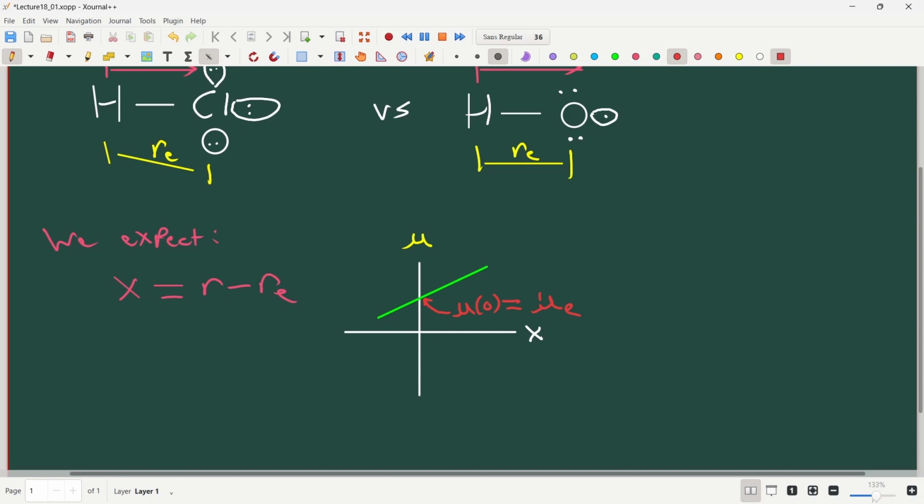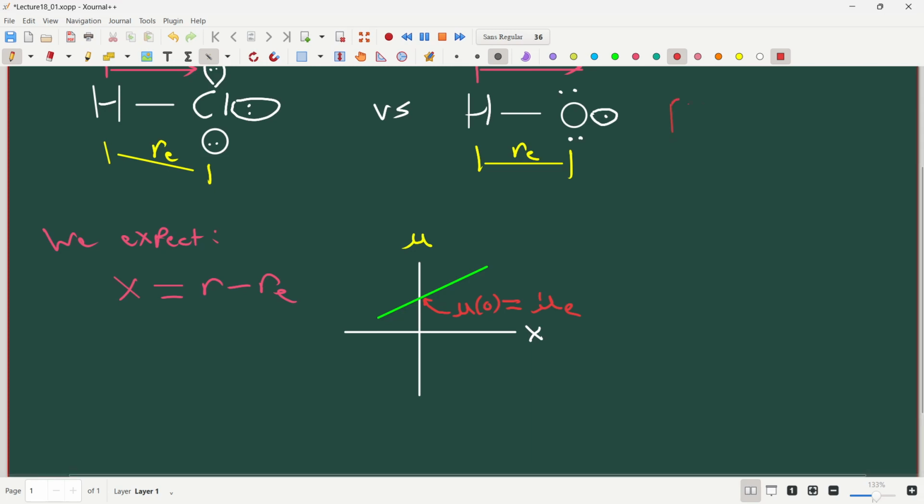That's the dipole moment we measure when we have it shining light at it. We ask, what's your dipole? We get the dipole right where the bond usually sits. And so we expect that the function will increase linearly as we stretch it. That's the expectation. And a perfectly harmonic molecule, its dipole function will be a straight line.